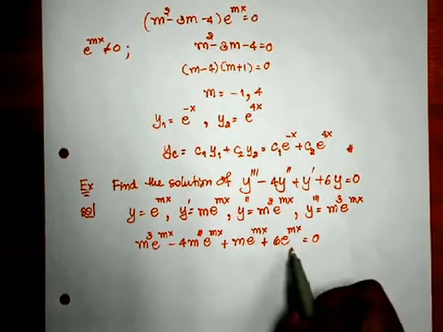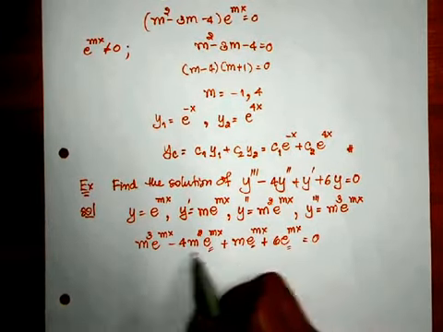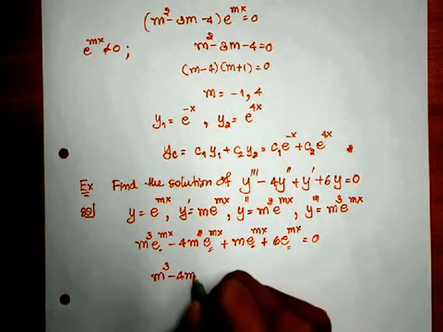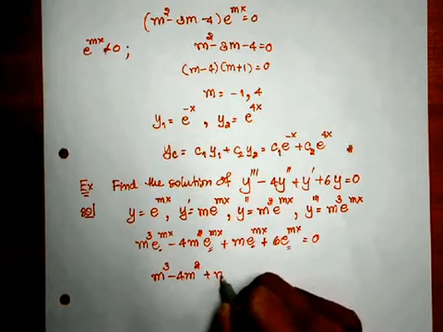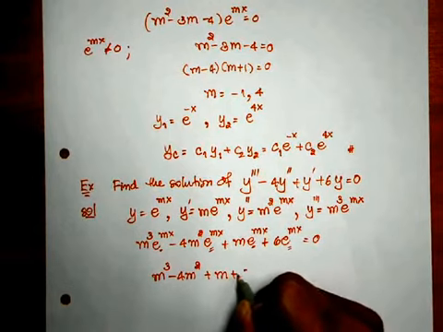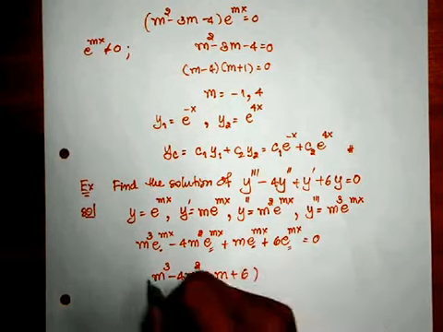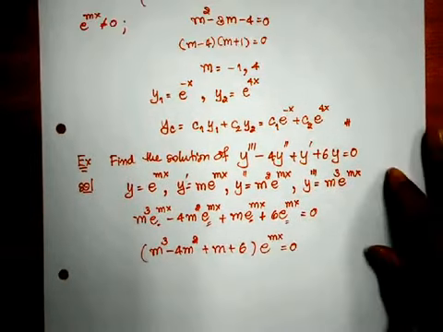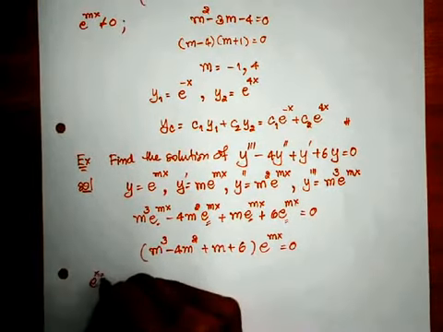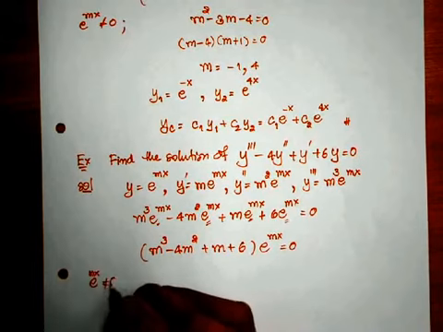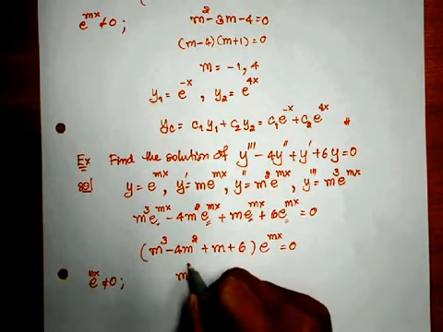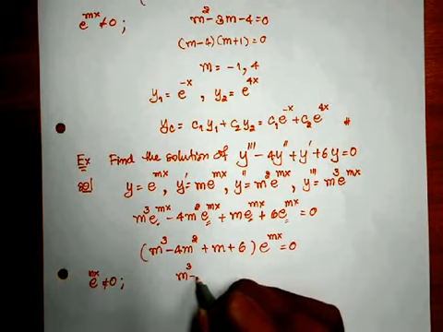again, we have exponential of mx. We take it out. Exponential of mx cannot be equal to 0. So only the term inside the parentheses is equal to 0.